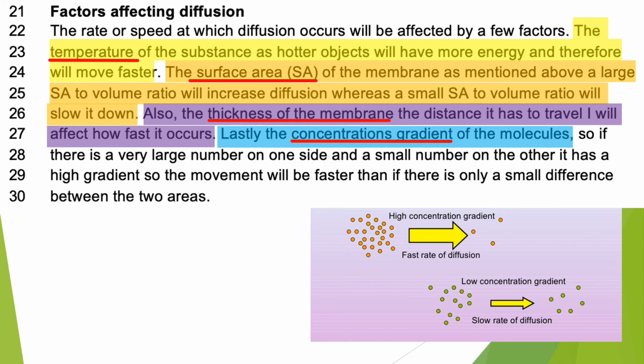Just remember that on an assessment, if I ask you, what are 2 factors that affect diffusion, you can say 2 of the 4: temperature, surface area, thickness of the membrane, or the concentration gradient. All right, and some of these might make more sense to you than others, but be sure to know all 4 of them and understand what it means for each one.